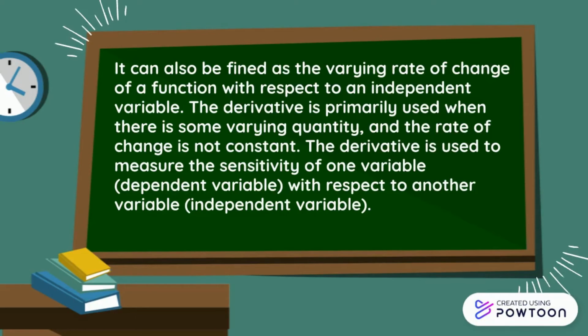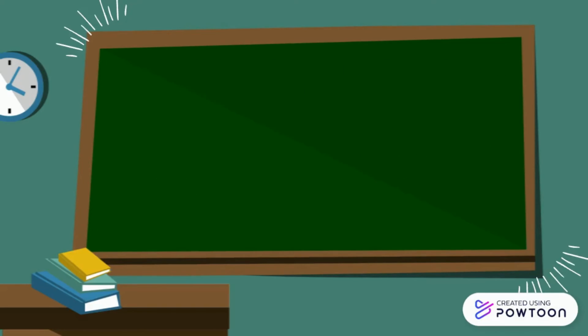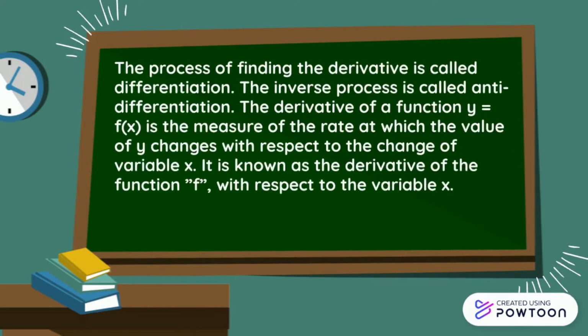It can also be defined as the varying rate of change of a function with respect to an independent variable. The derivative is primarily used when there is some varying quantity and the rate of change is not constant. The derivative is used to measure the sensitivity of one variable, the dependent variable, with respect to another variable called the independent variable. The process of finding the derivative is called differentiation.